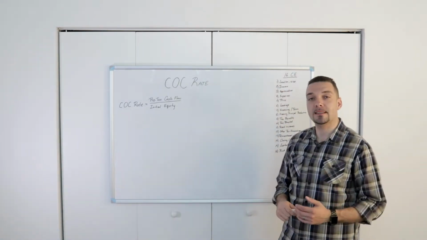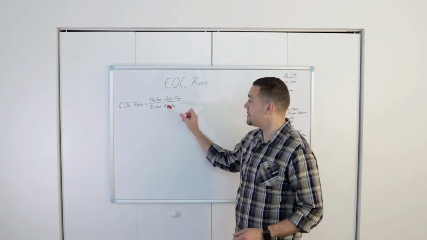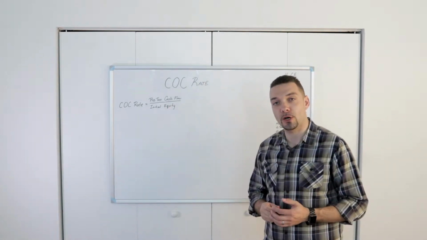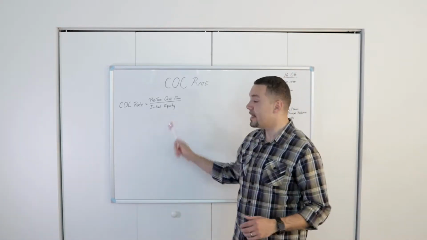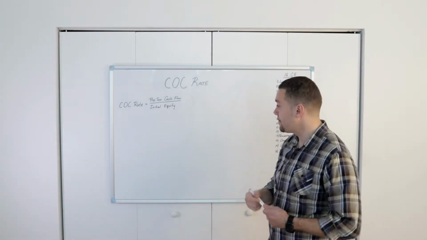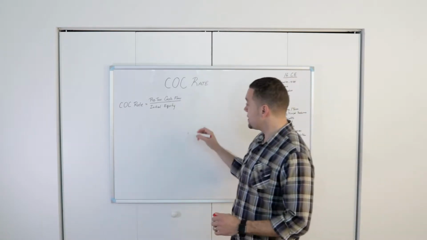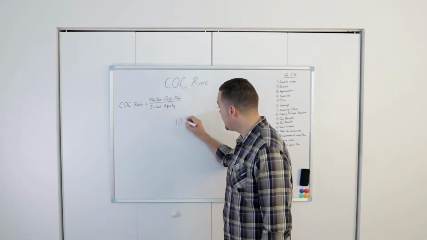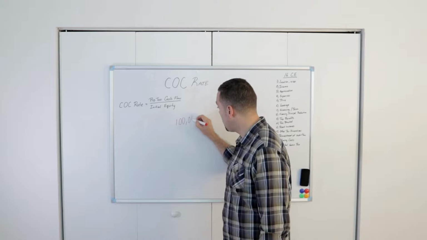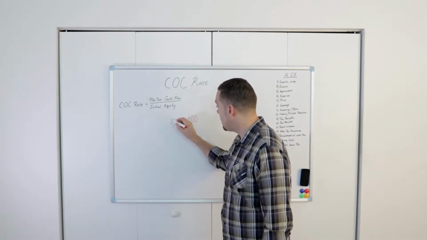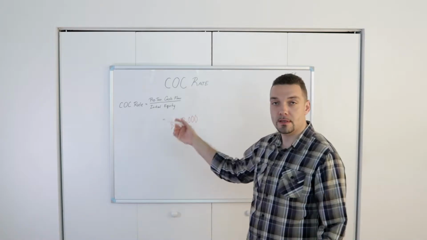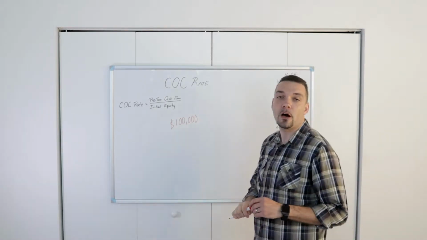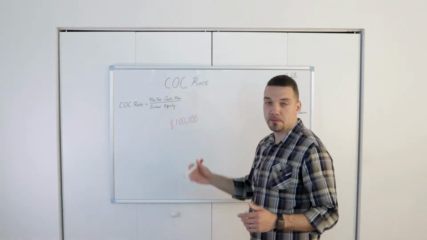Pretty much the easiest way to understand it is the pre-tax cash flow that you have coming from a property divided by the initial equity. So for numbers purposes, let's say you bought a deal that on an annual basis had $100,000 of pre-tax cash flow, which is what would be considered your net operating income after expenses.